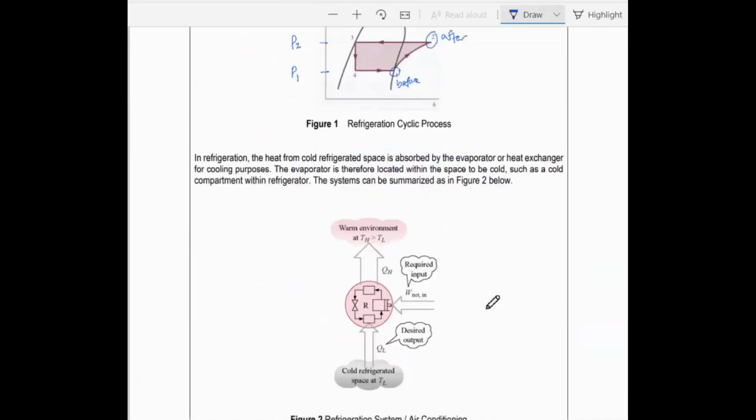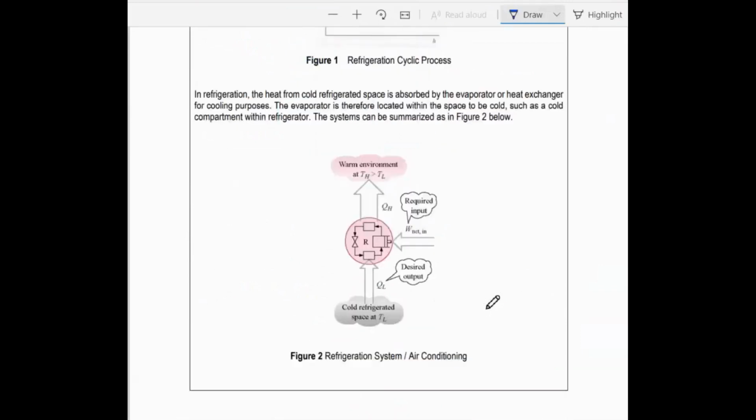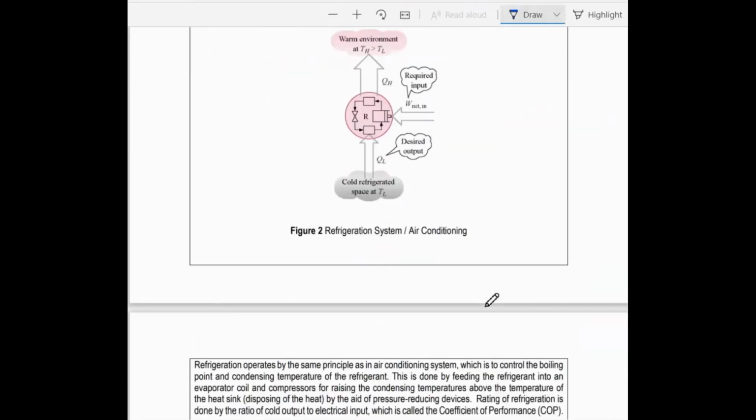The system can be summarized as in Figure 2 below, where the evaporator exists at the cold compartment.